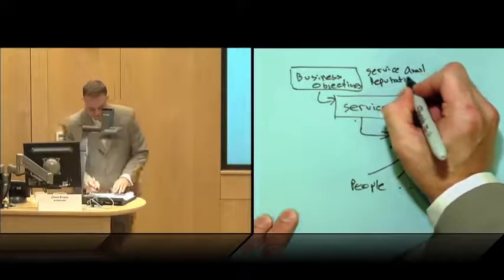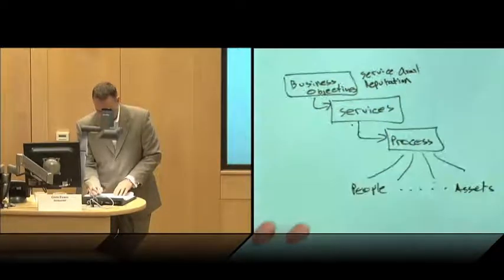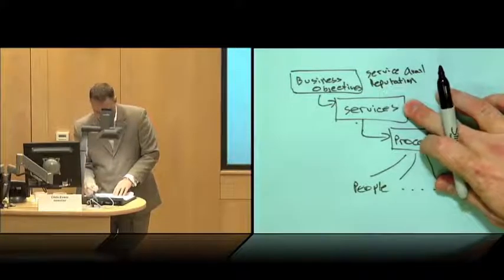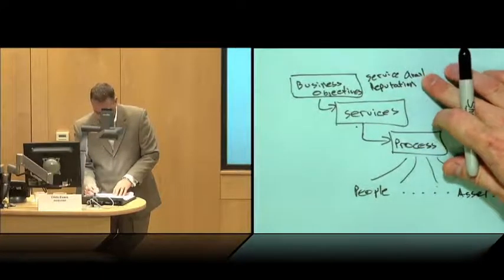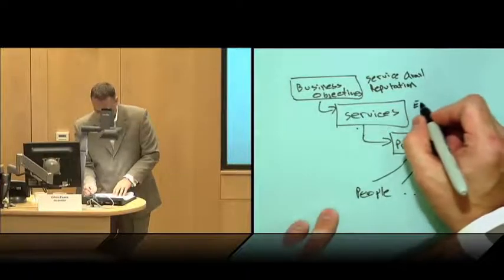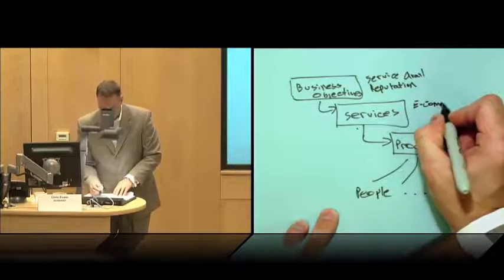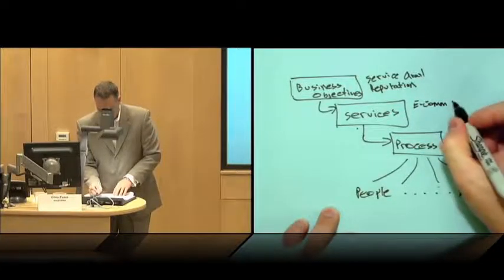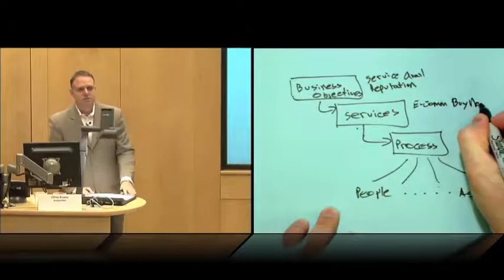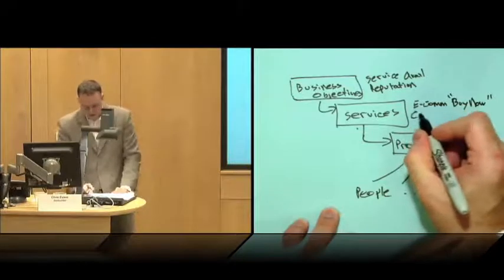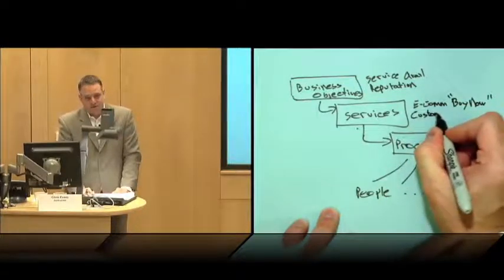So I might be offering, say, an e-commerce Buy Now, for lack of a better word. I might also have customer care. And my writing is terrible. So you might have customer care services.